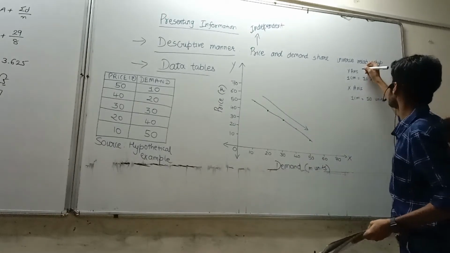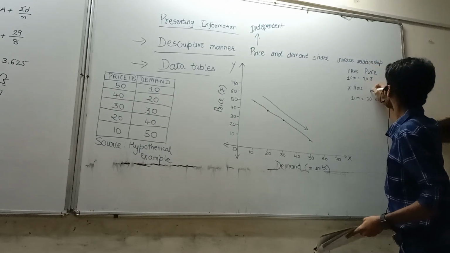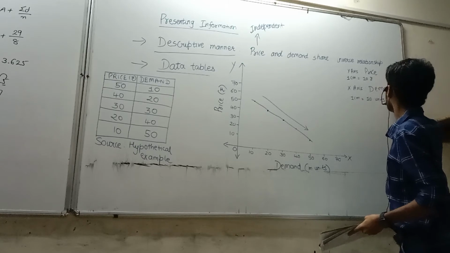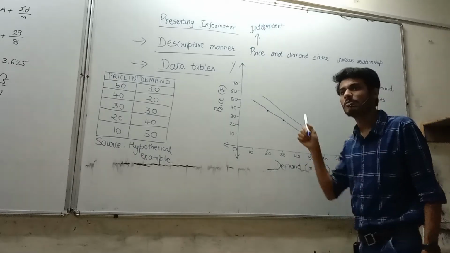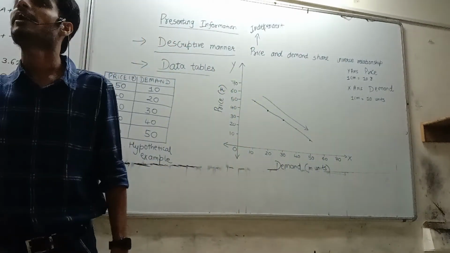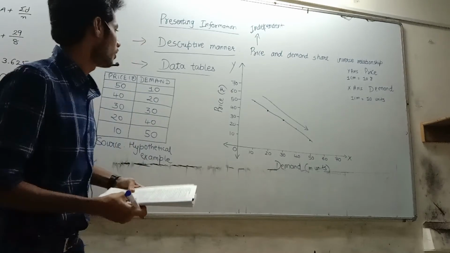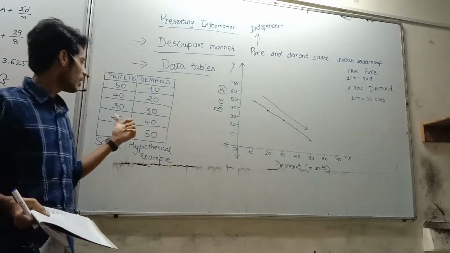Right, you need to mention on the y-axis there is price and on the x-axis there is demand. Right, so these are the different scales and measurements that you need to take while making a diagram or a graph. Now everyone has to draw this diagram in their book and write this table.